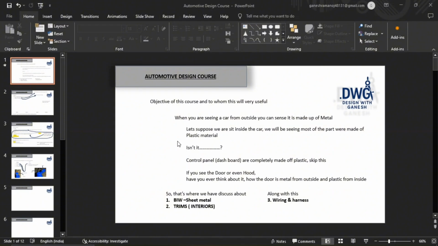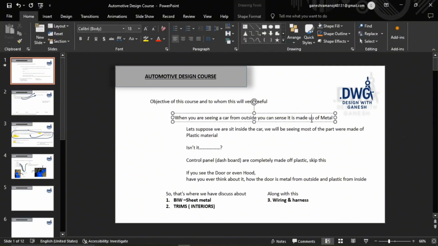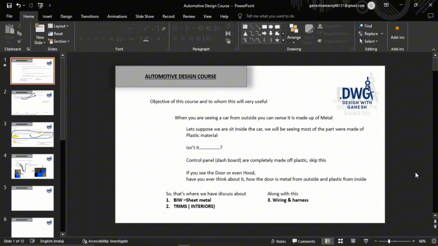Let's take a deeper look at the automotive industry. You can see the PDF, have a look at what I have written here. Let's consider a car. When you see it from outside, you see a metal body, right? But when you are seated inside, all the components that you can touch are made of plastic material, isn't it?